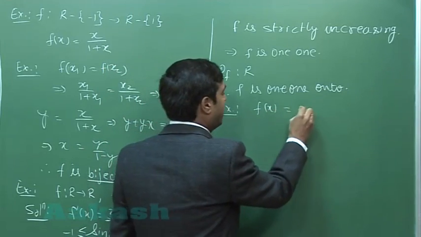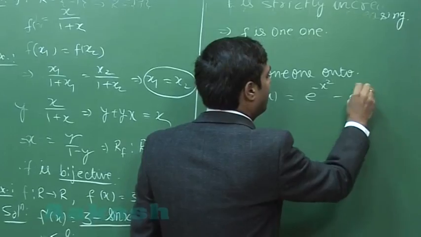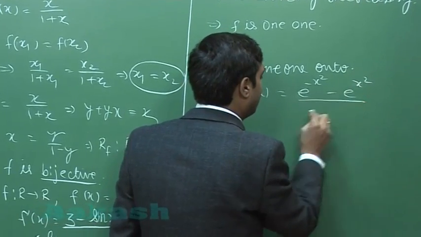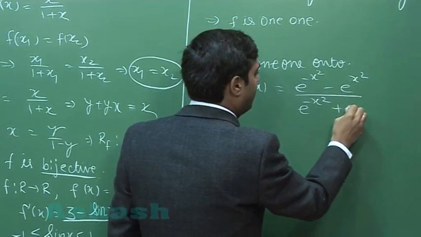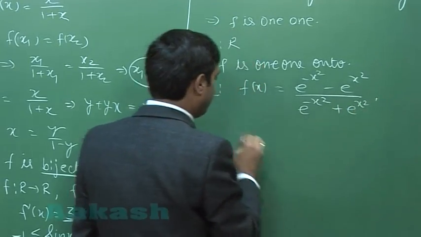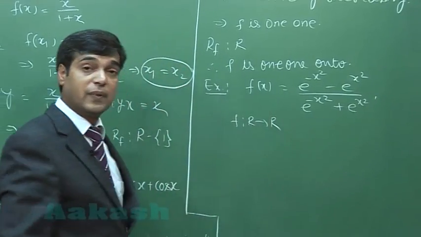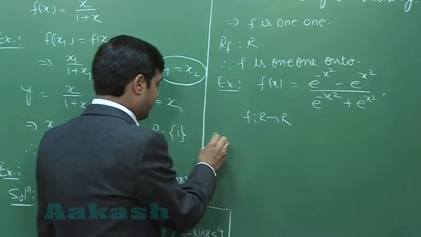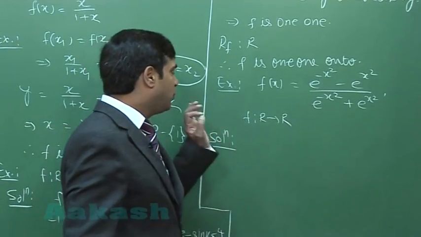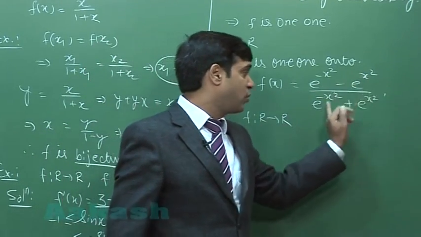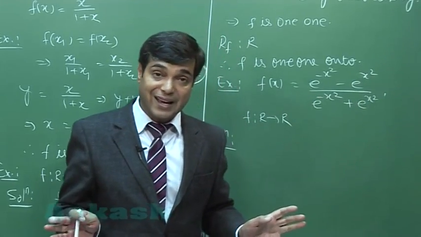f(x) is given by (e to the power minus x square minus e to the power x square) divided by (e to the power minus x square plus e to the power x square), and f is defined from R to R. Now, you find that the term x square is involved throughout the function, there is no linear term x.